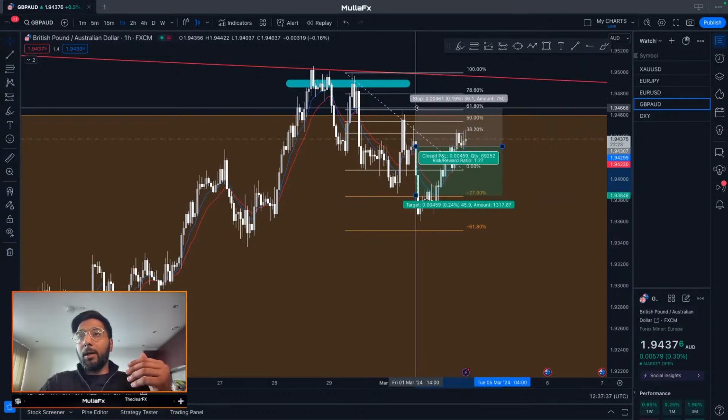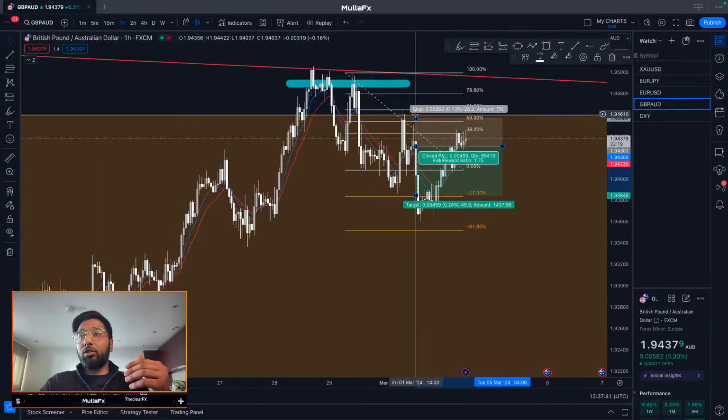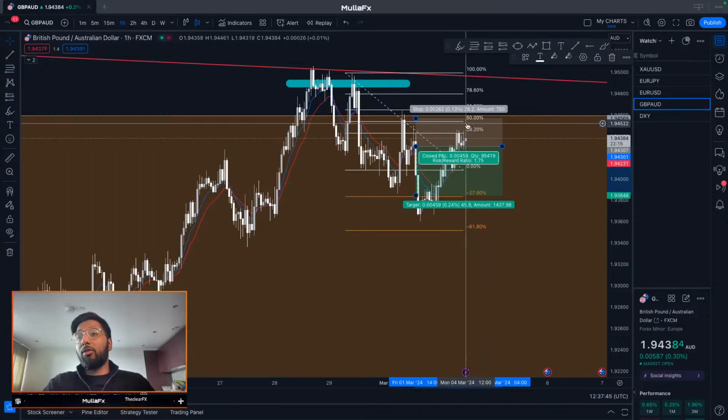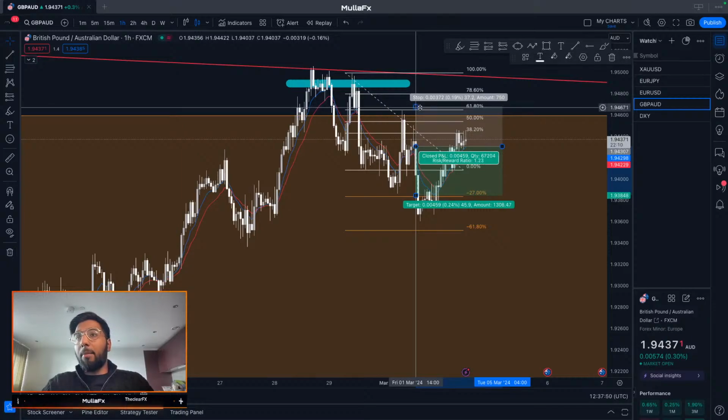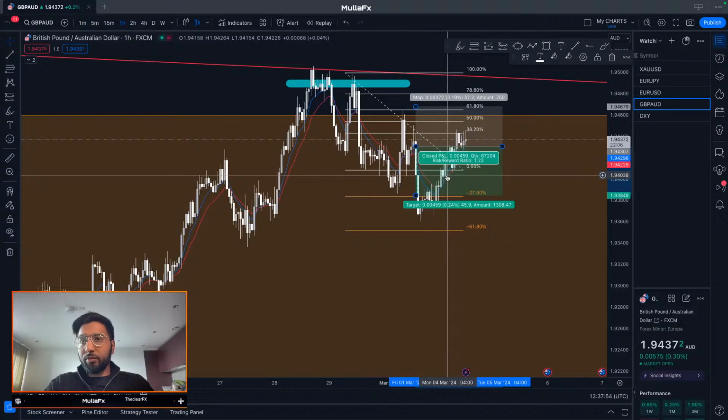My stop loss could either be above here, or if I'm being aggressive, I would try and bring it to just above the previous extension. If I'm a bit more conservative, I'll do it above the two extensions and just above there. Again, this is a horrible trade, but it's still profitable.